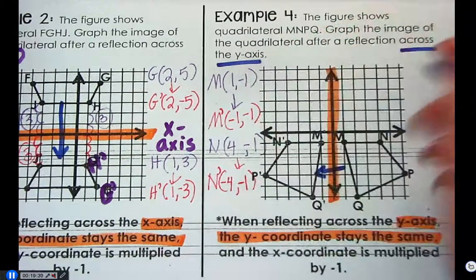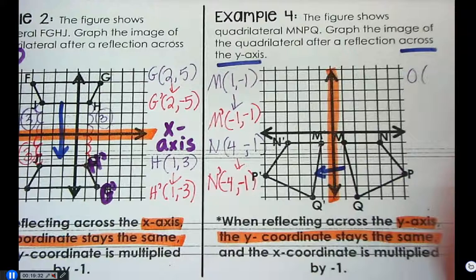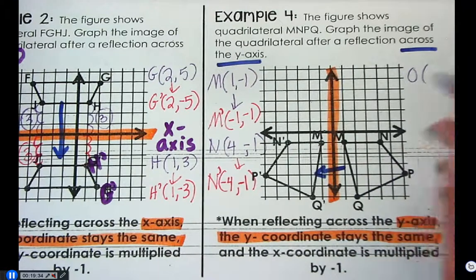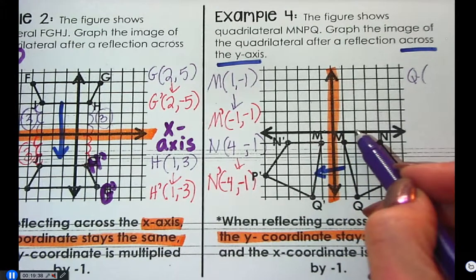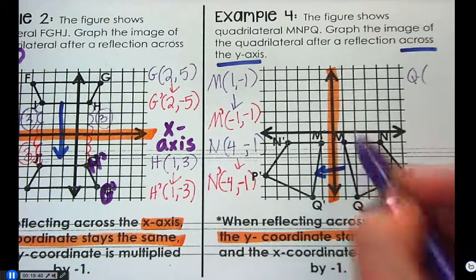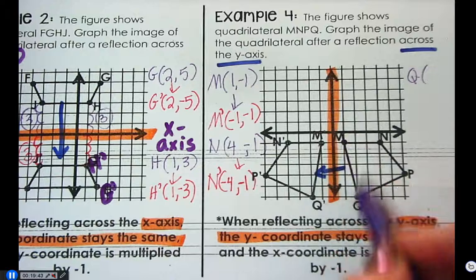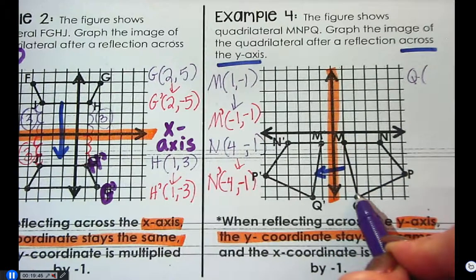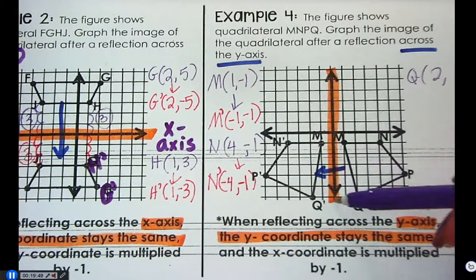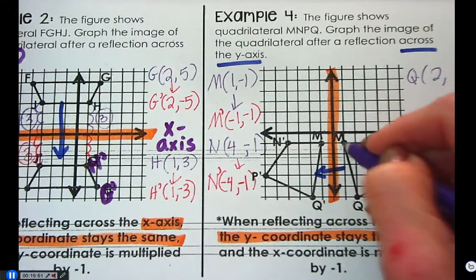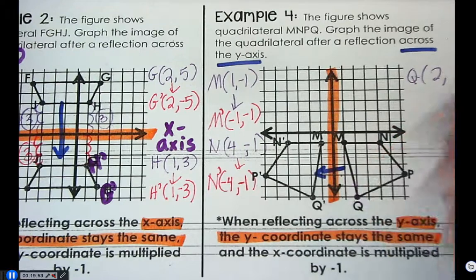So we have M and N. Now we're going to go with Q, excuse me. Q is going to be, the original is what? What is it on the x? 2, and then what? It's 2, and then my y is -1, 2, 3, 4, 5, 6.